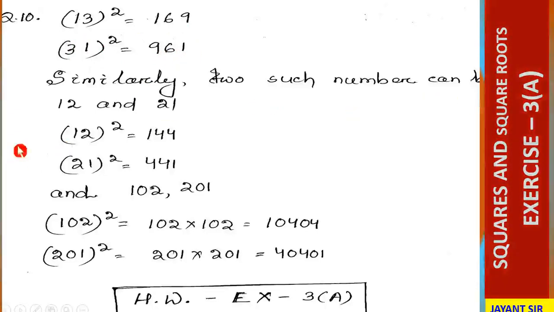Similarly, such numbers can be 12 and 21: 12 square equal to 144 and 21 square equal to 441, and another one, 102 and 201. 102 square equal to 102 into 102 equal to 10404, and 201 square equal to 201 into 201 equal to 40401. So children, you will do that exercise 3A.